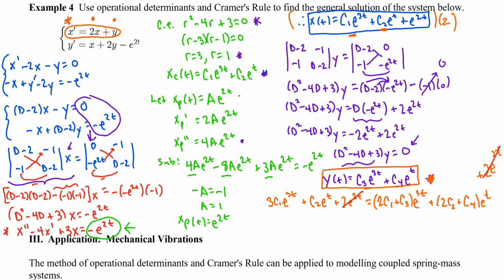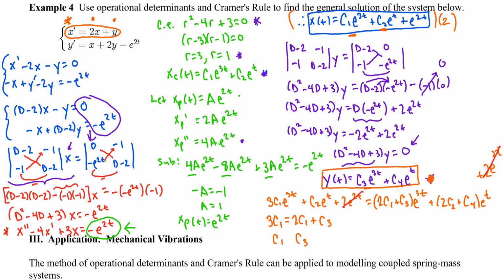And then I want to set the coefficients for e to the 3t equal and the coefficients for e to the t equal. So I'm going to take coefficient of e to the 3t on the left side, which is 3c1, and I'm going to set it equal to the coefficient of e to the 3t on the right side. So notice we can obtain the relationship between c1 and c3.